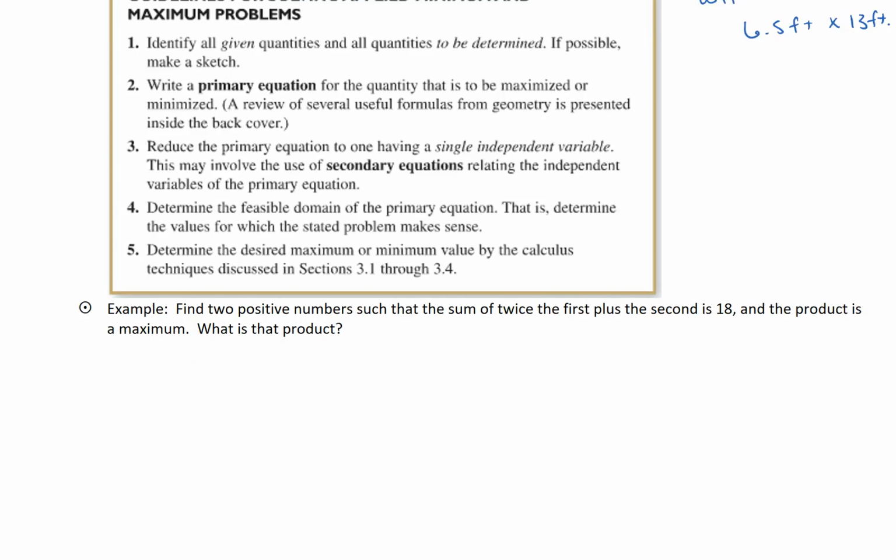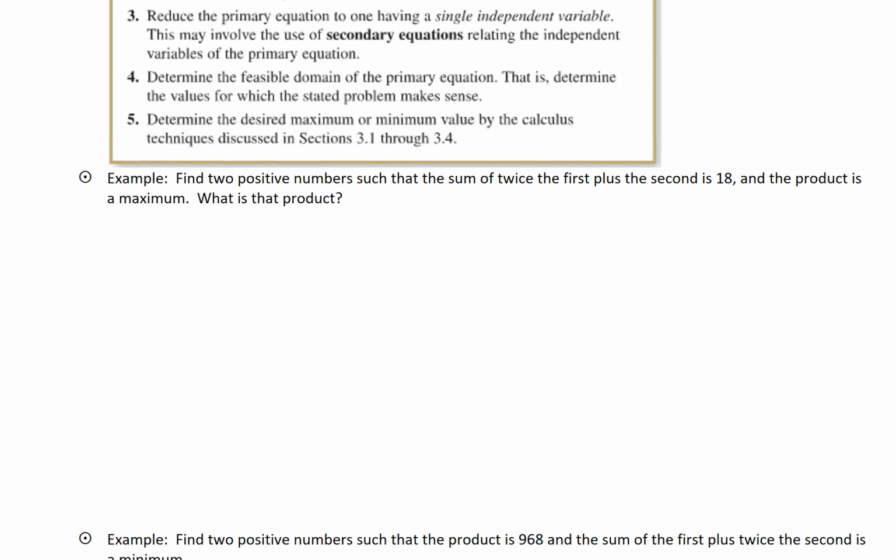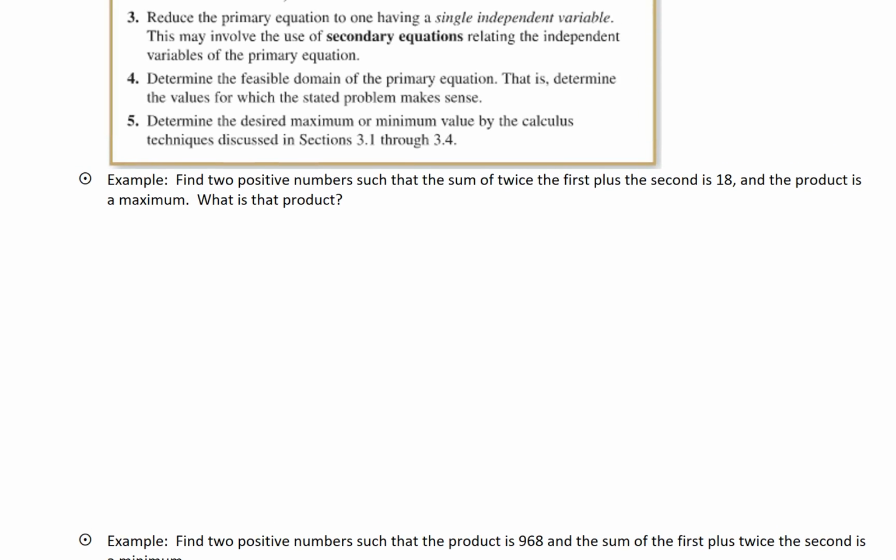So this is a classic example. We want to find two positive numbers such that the sum of twice the first plus the second is 18, and the product is a maximum, and we want to know what is that product. So first of all, I'm going to let x equal the first number, and I'm going to let y equal the second number. You could say that x is the larger number if you want to.